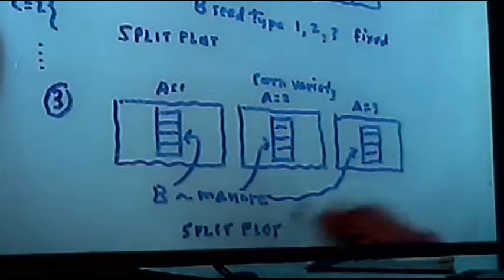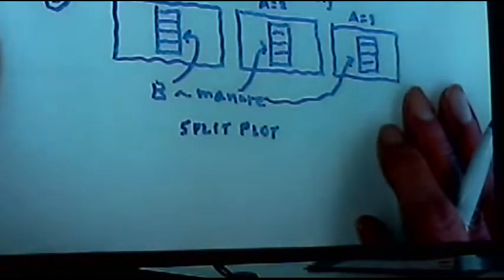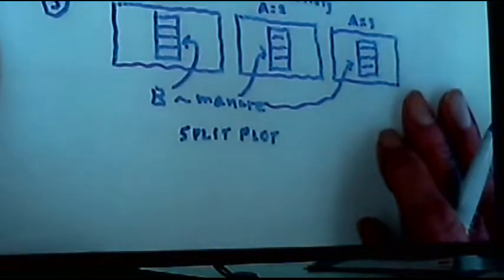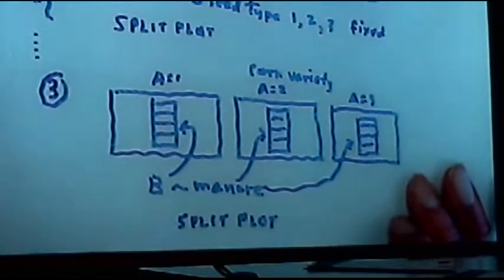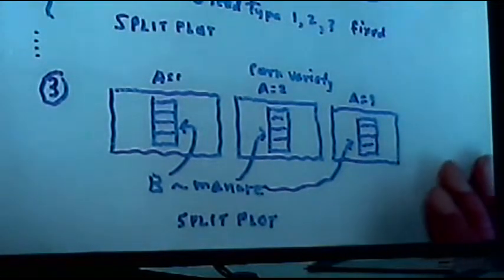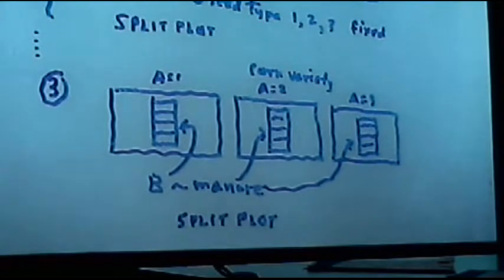Use the split plot model and the analysis of variance table that comes out of it. If you look at example 3 and compare it to example 2, you'd have to say, these are the same. There's no functional difference between example 2 and example 3.